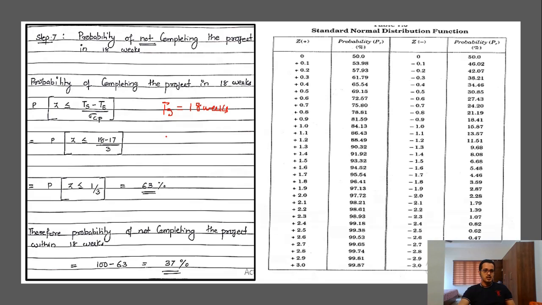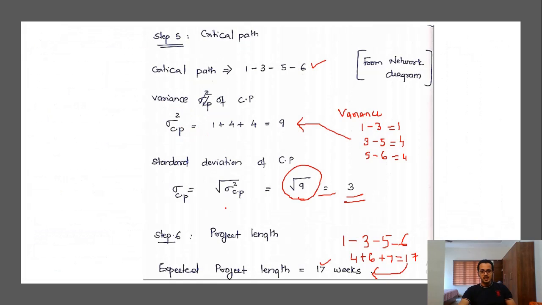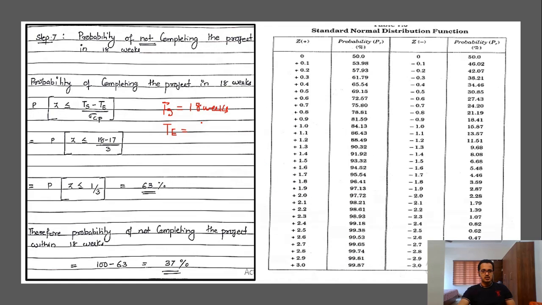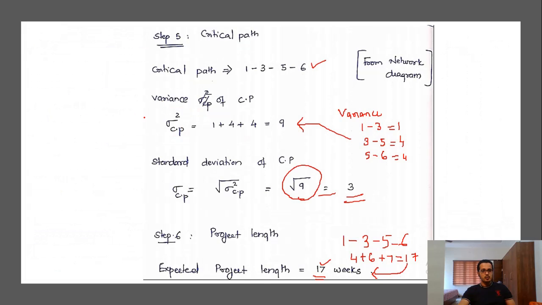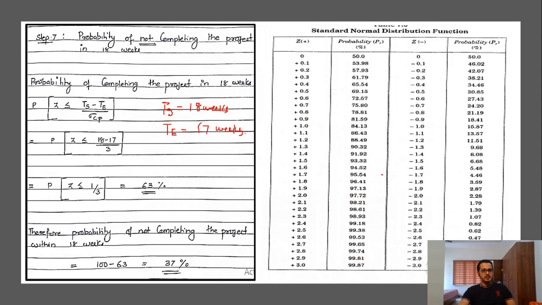What is Te? Te is the duration we obtained in the previous step, 17 weeks. The sigma value is already obtained, 3, in the previous step. So we have all the values and we got the value of Z as 1 by 3.